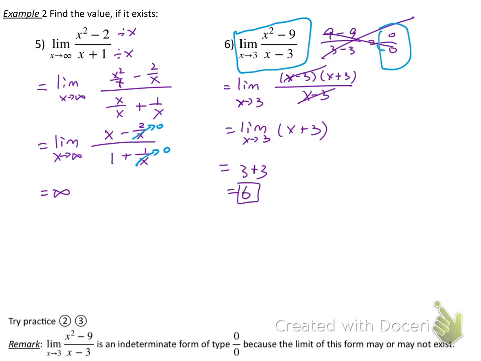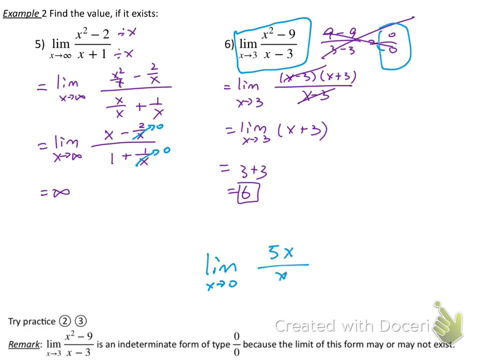Okay, because when you have the situation of 0 over 0, it could turn out to be any number as a limit. For example, say I want that 0 over 0 to be a 5, then you do the limit as x approaches 0 of 5x over x.